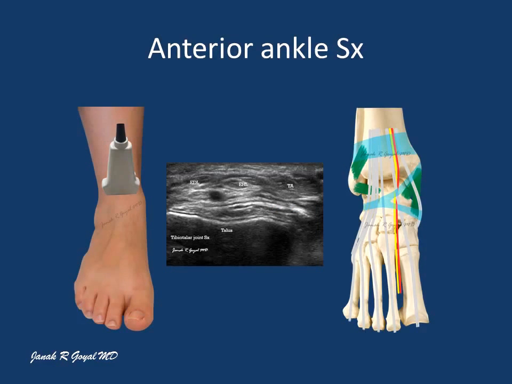Let's start with the short axis scan of the anterior ankle. The transducer is placed at the ankle joint in a transverse orientation along the short axis of the tendons and neurovascular structures.